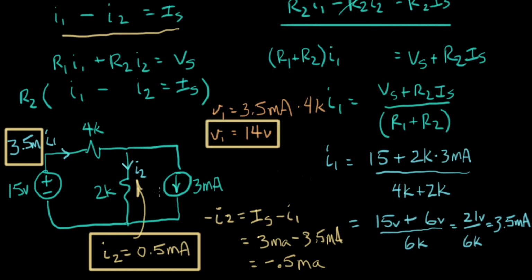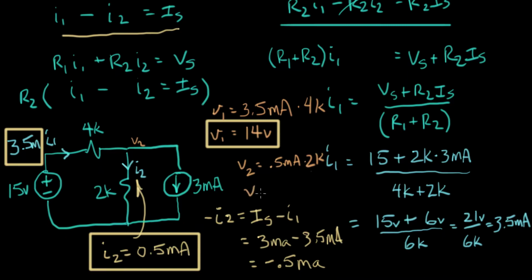And our last voltage is V2, the voltage right here. And V2 equals I2, which we decided was 0.5 milliamp, times 2,000 ohms, 2K.